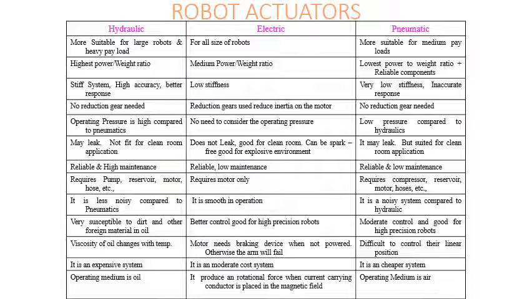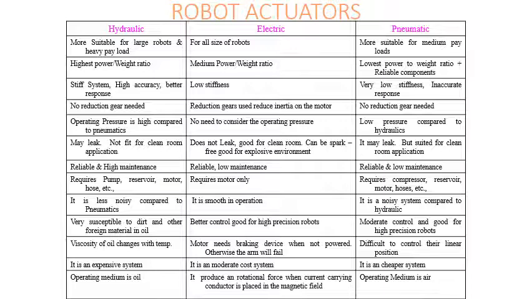Since in hydraulic and pneumatic there may be a leak, but in case of electric there will be no leak. When comparing hydraulic, electric and pneumatic, the maintenance will be high in the hydraulic, and the source will be reliable.